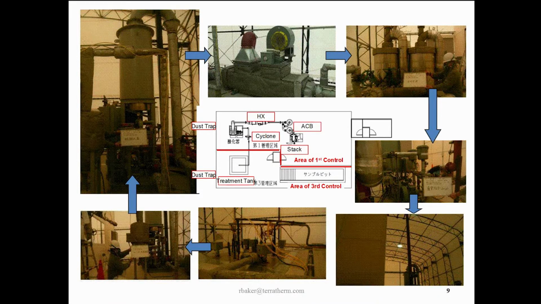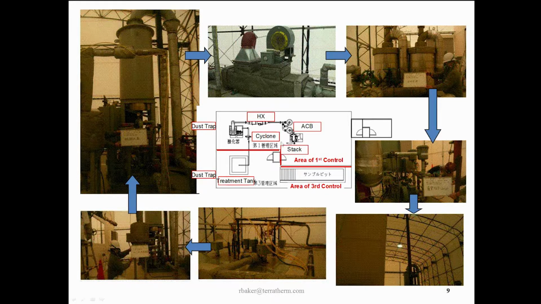So this is what it looked like. It was all done within a sprung structure, with a portion of the building devoted to the treatment tank, which you can see in the bottom center photograph. There are the wellheads above each of the heater wells, and the off gas coming out to the foreground.